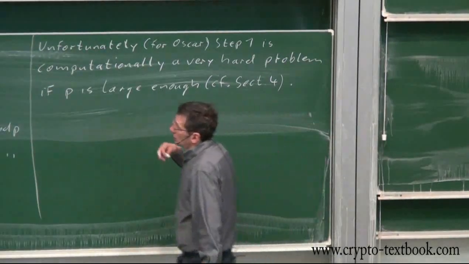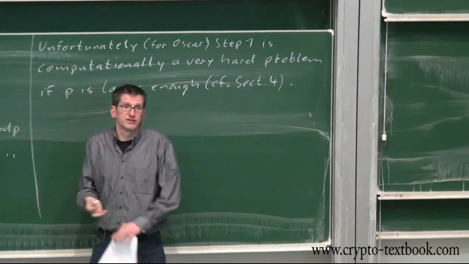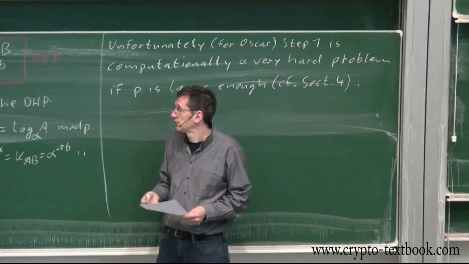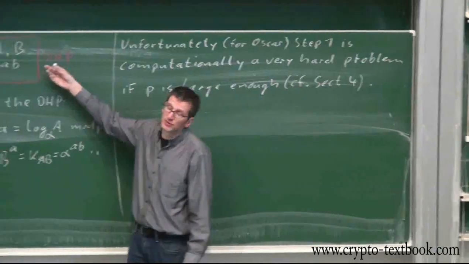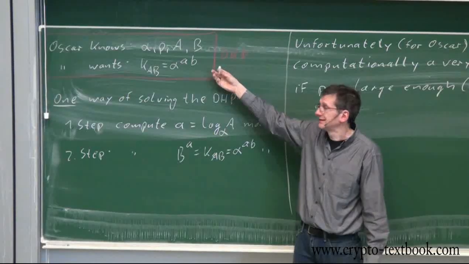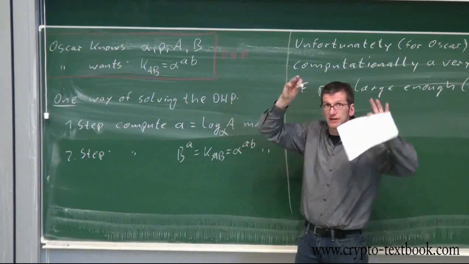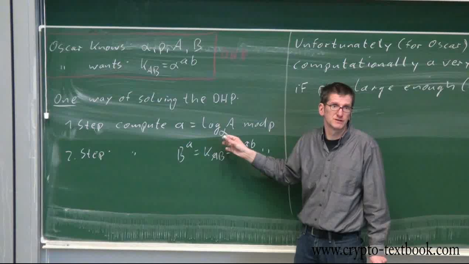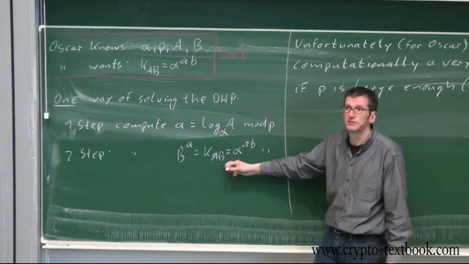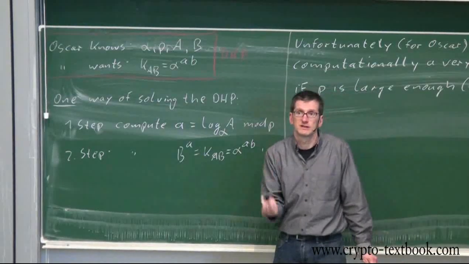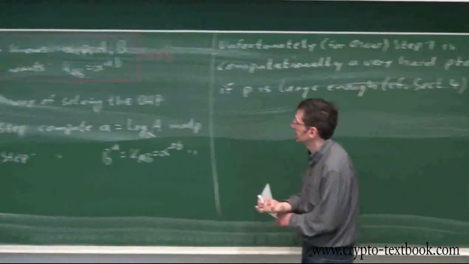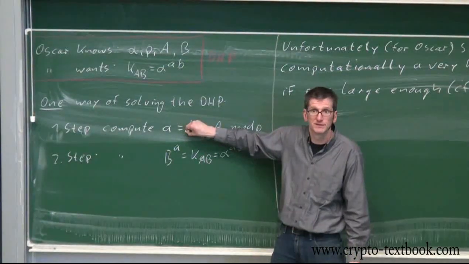What people in cryptographic foundations, the modern theoretical basics of cryptography, talk a lot about is this: what we really want is to solve this problem. Oscar wants to have the session key. Well, we kind of know how to do that. We have to solve the discrete logarithm problem. When you solve the discrete logarithm problem, you can get the session key. So what people in cryptographic foundations are very interested in is whether this is the only way.